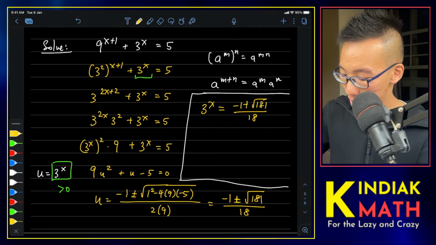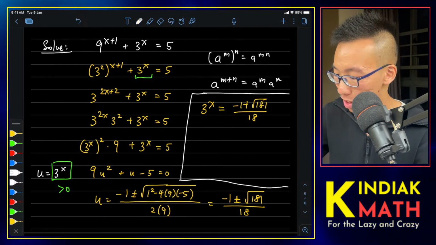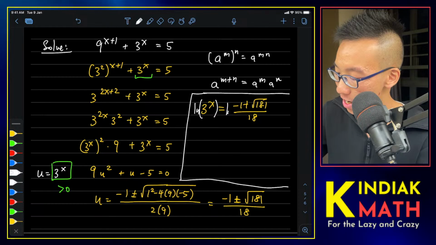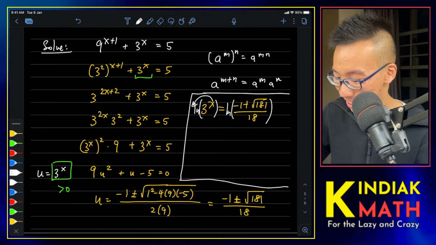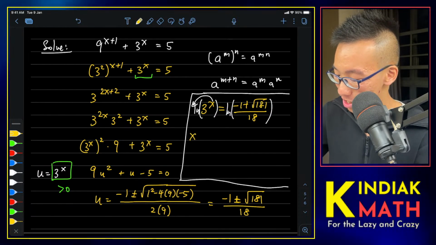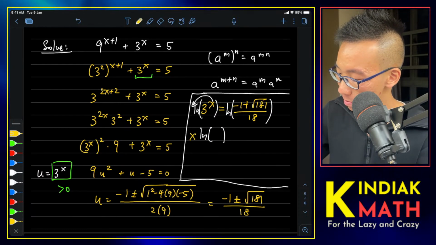And finally, to solve for x, we can take logarithms on both sides. We can bring down the powers, just like the very early questions that we have seen.